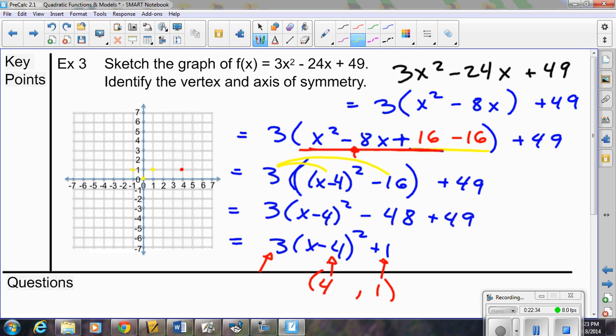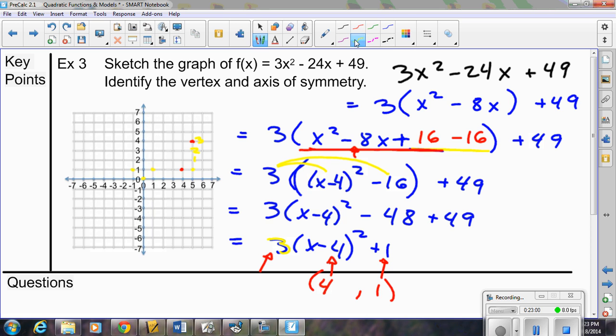But this is a 3. So we will still do the same left 1 and right 1 from the vertex. But instead of going up 1, we can go up 3, because the leading coefficient was 3. So it's saying right 1, up 2, up 3. Here's where a point would go.